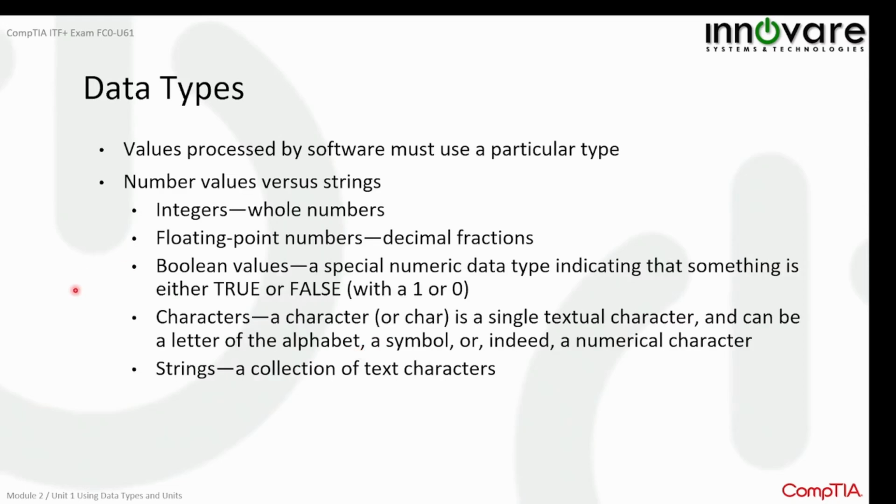Now, data types. There are so many data types being used and processed by software. When it comes to number values, there are integers, which are whole numbers, and floating point numbers, which are decimal fractions.